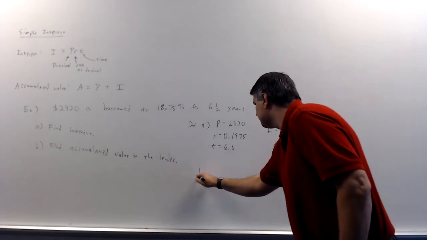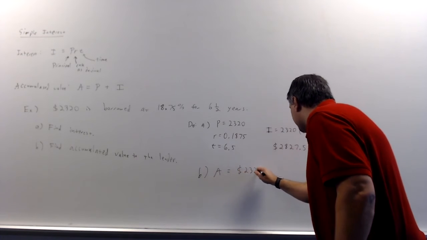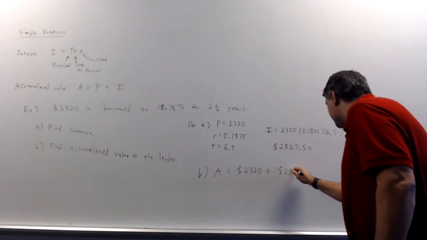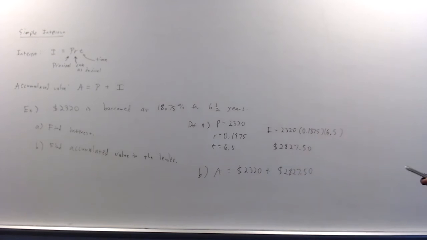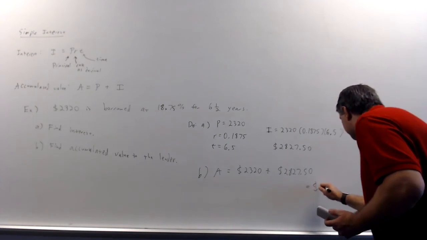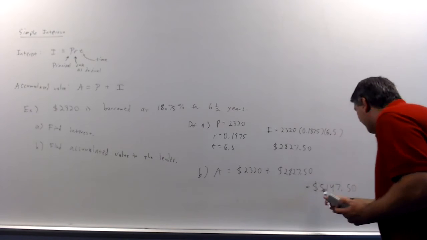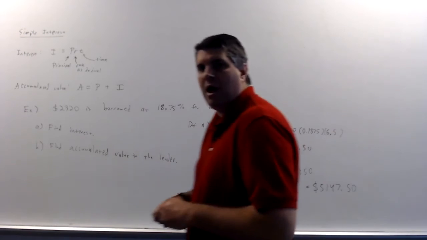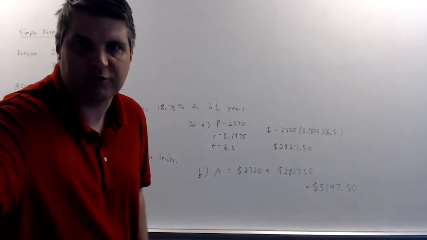B, accumulated value is the $2,320 that will be repaid plus the $2,827.50, which equals $5,147.50. Okay? I'm going to pause here and put up other types of interest formulas.